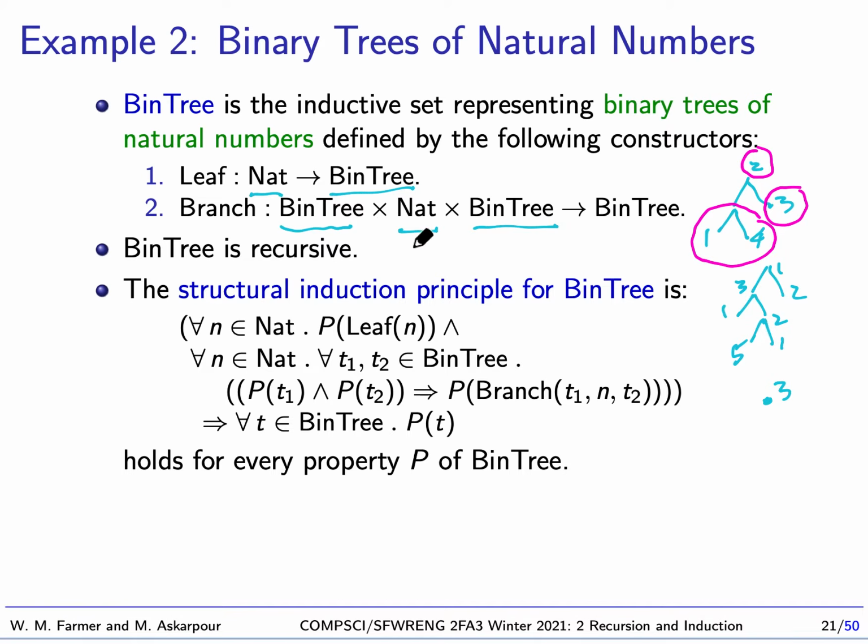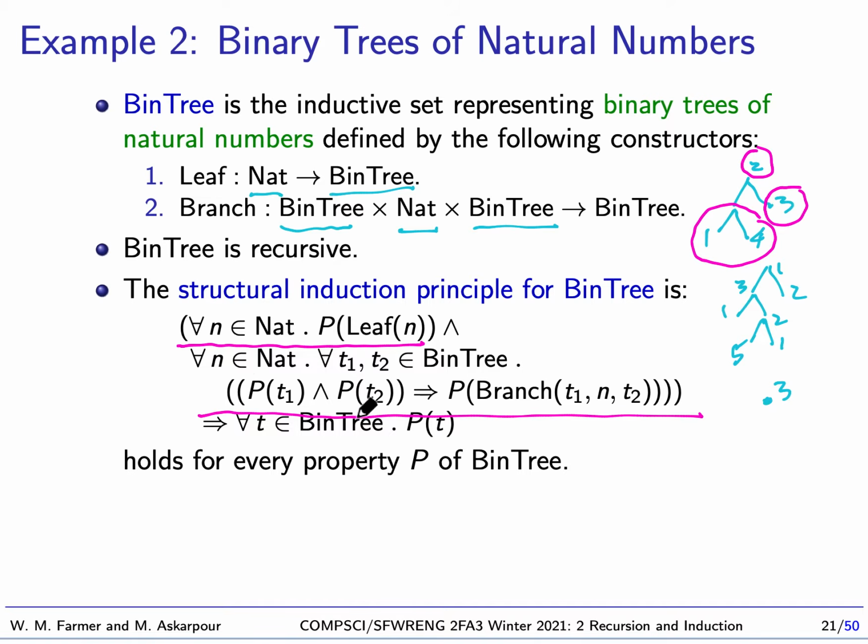So bin tree is a recursive inductive set. Here's the induction principle. We have to have two conditions. One condition for each constructor. We have two constructors. The first condition says for all natural numbers, the property holds for leaf of n.